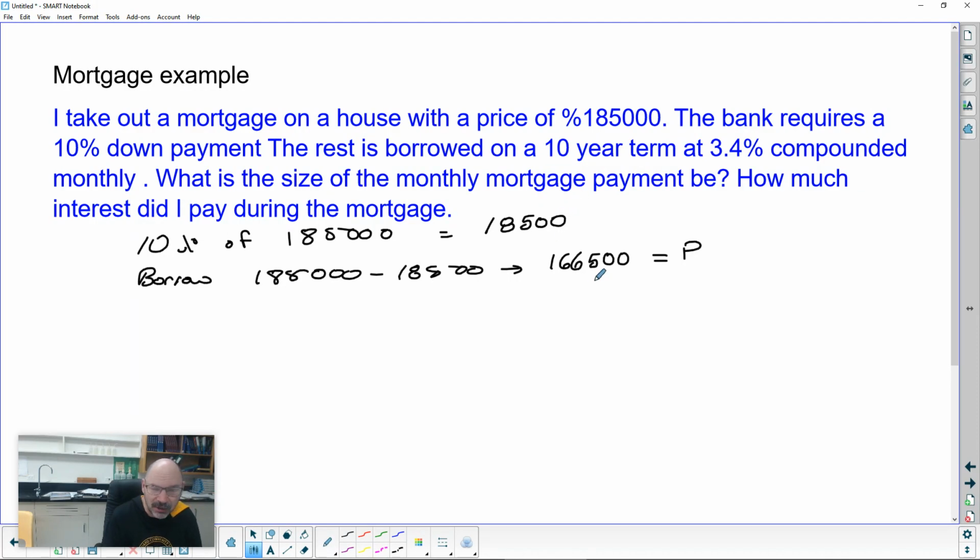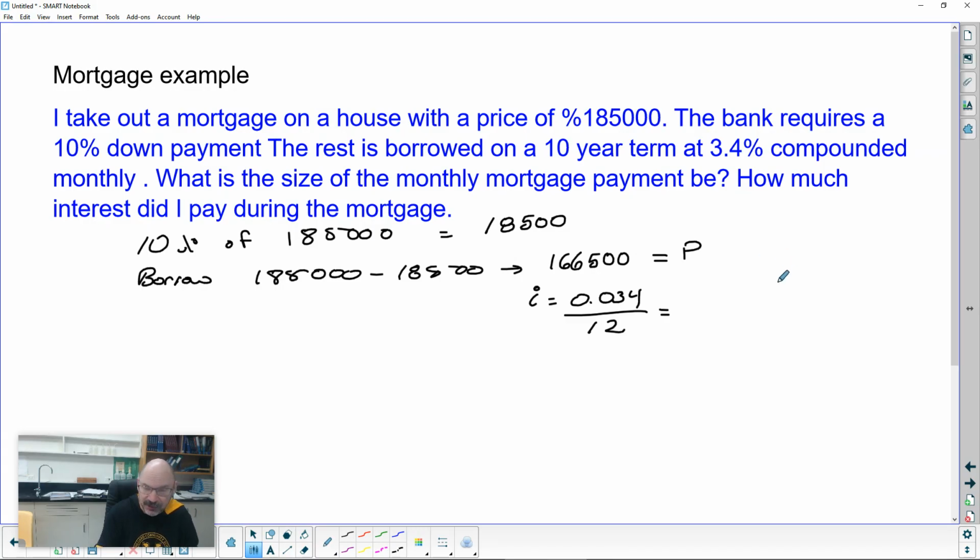So principal amount we've got, figure out our interest rate. Our interest rate per period is 0.034, and we have to divide that by 12. You take your calculator out, 0.034 divided by 12.